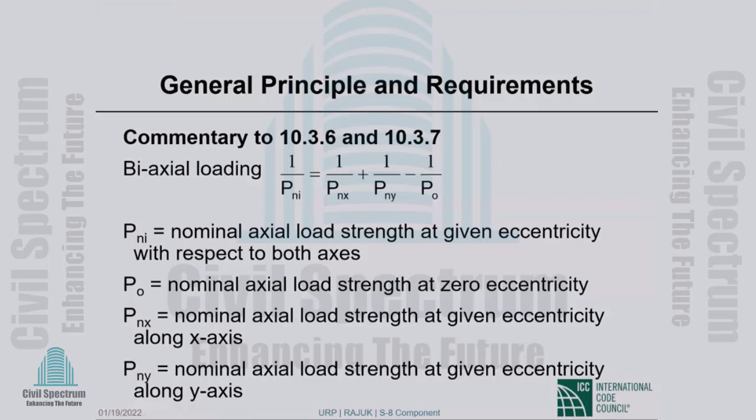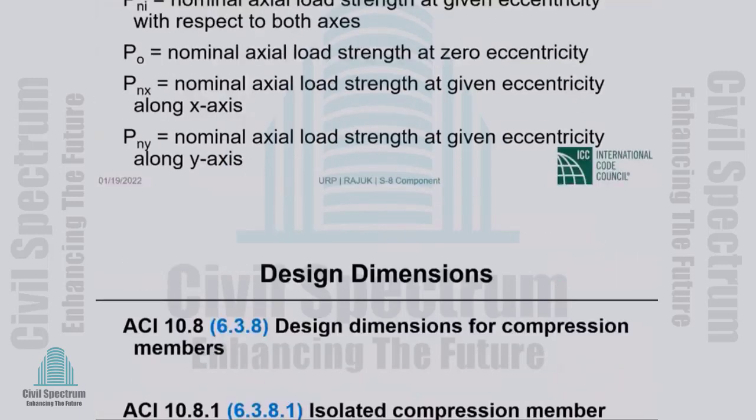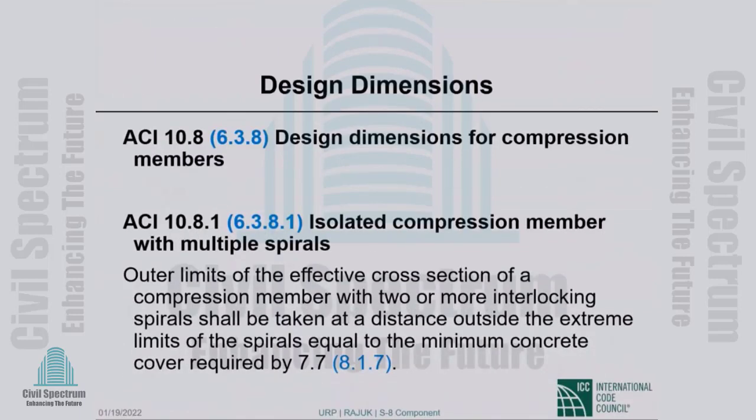And P sub ni is given in terms of the other three quantities by this expression. Okay. So as I pointed out, this is from the commentary to ACI 318-08, sections 10.3.6, 10.3.7. There is a little more writing there than I have reproduced. So if this is your topic, it will be worth your while reading it.